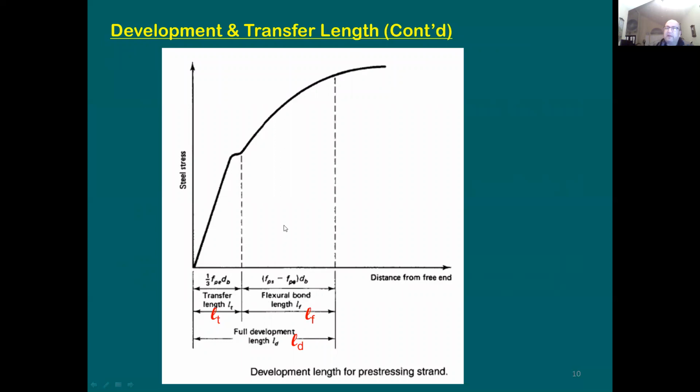This is for the applied additional load that you're going to be applying after you have this f_pe. It's going to equal (f_ps minus f_pe) times d_b, the diameter of the strand. Total length here, I'm going to be calling L sub D, which is development length, which is very similar to the idea of the development length when it comes to conventional reinforced concrete design.